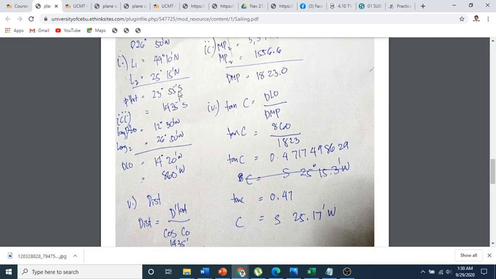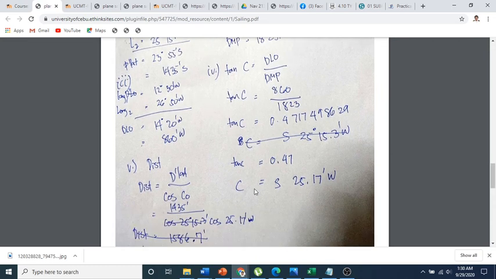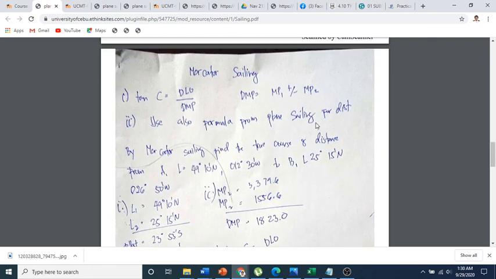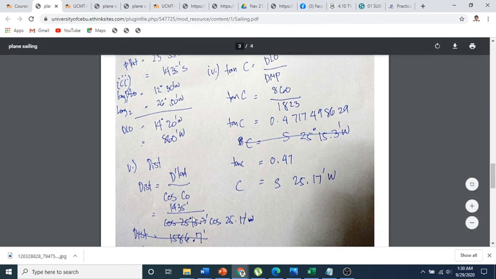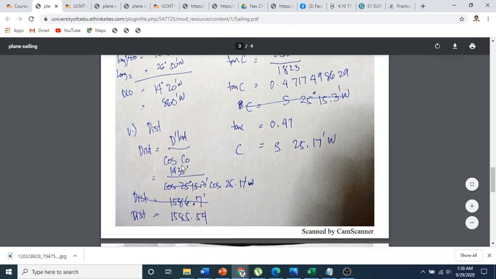South and west. After that, you take the distance, you use the formula from the plain sailing. So distance equals DLAT over cosine course. DLAT is 1435 and the course is 25.17.